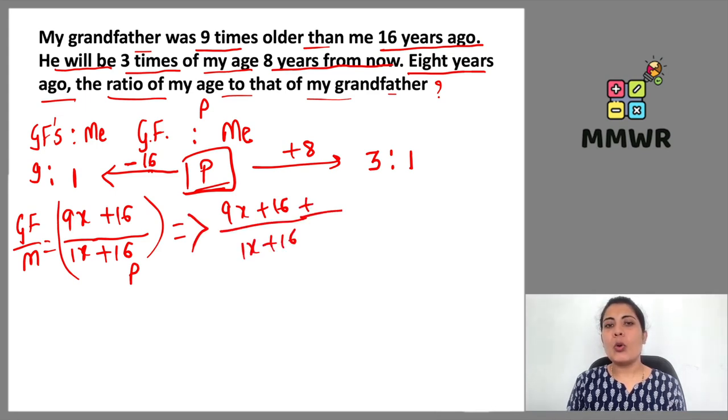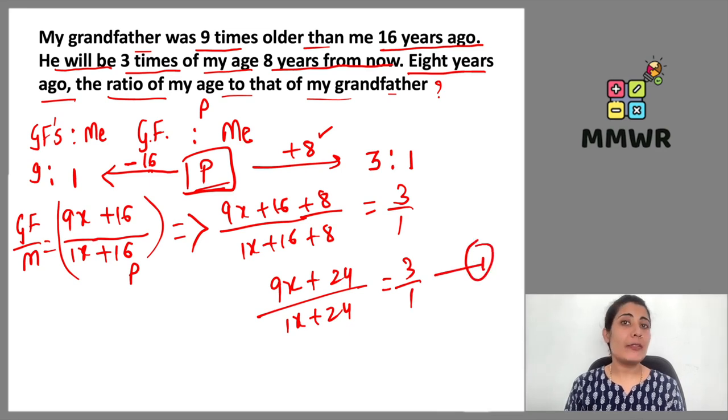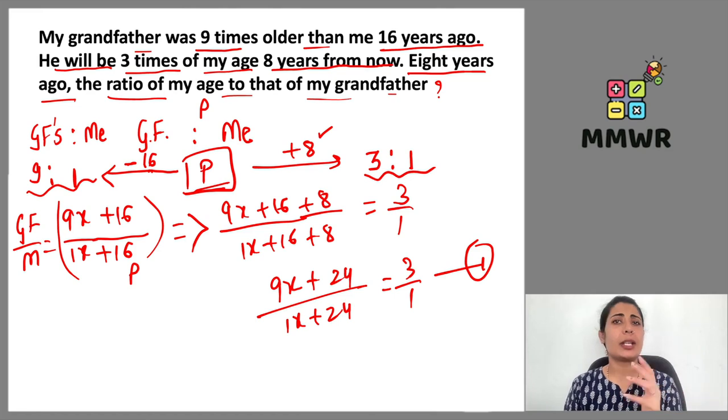If I go after 8 years, the ratio is going to be 3:1. So in short, (9x plus 24) upon (1x plus 24) is going to give me an equation. If I simplify this equation, I will get the value of x. That value can be substituted anywhere, and then we do whatever they have asked.